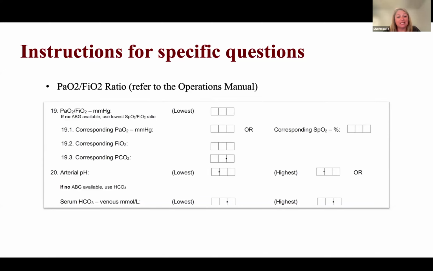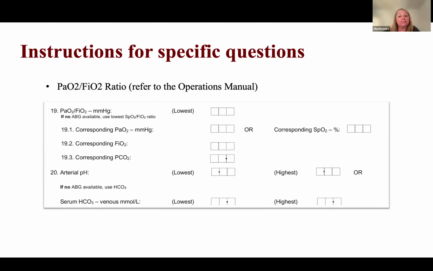So if you only have one arterial gas during the 24 hours, you put the same value in the lowest and highest field. If you have provided values for PaO2, FiO2, PCO2, you must provide the value for the arterial pH.